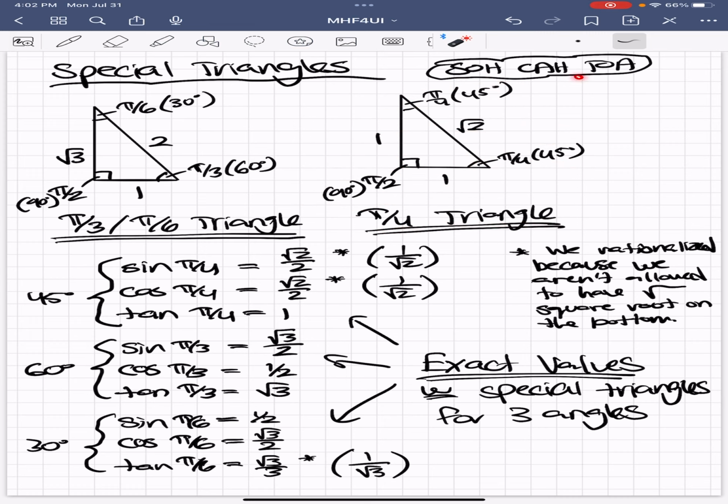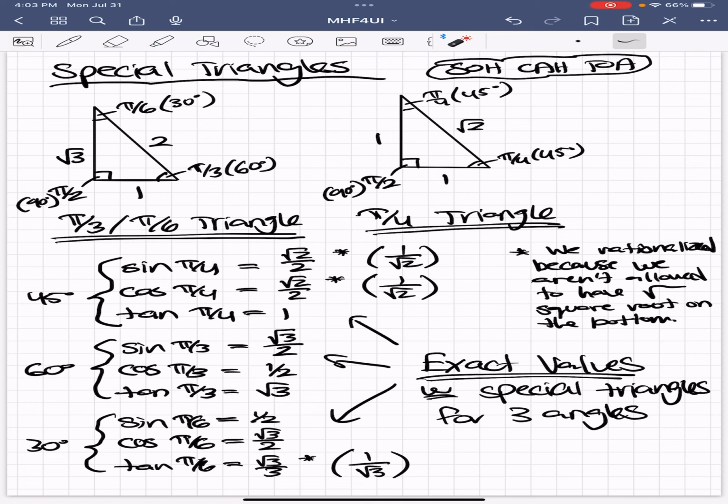So we're going to use SOHCAHTOA to get the exact values of these special triangles for the 3 angles that we need. So, moving on to the exact values. For pi over 4, we have root 2 over 2, or 1 over root 2, but we rationalized because we aren't allowed to have the square root symbol on the bottom, so we just rationalized it with root 2.